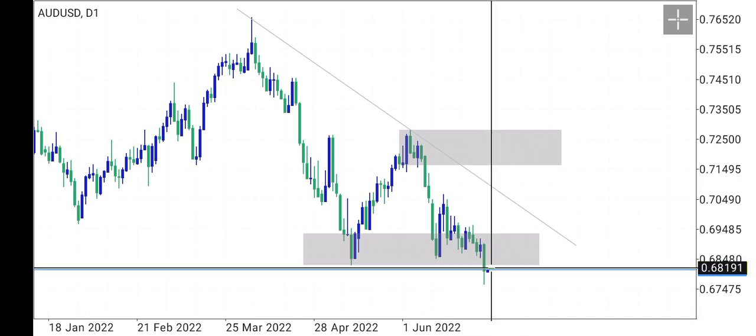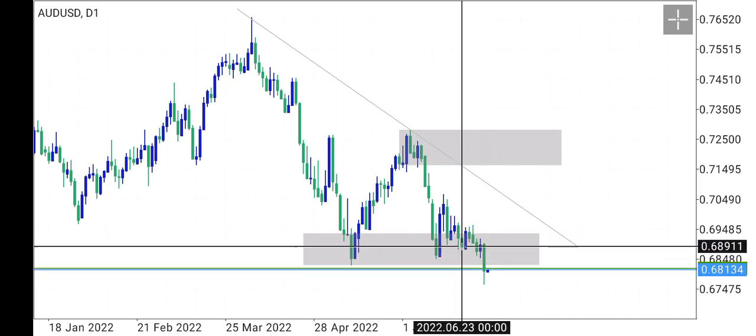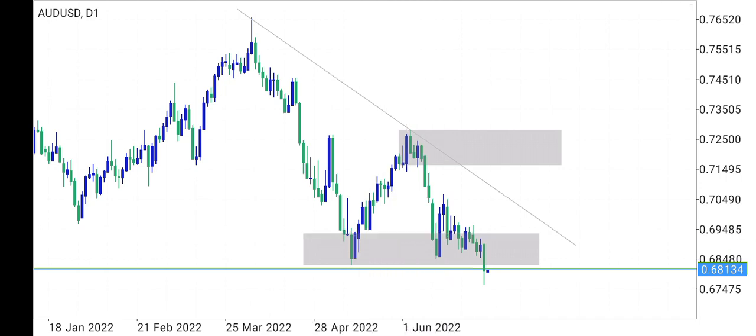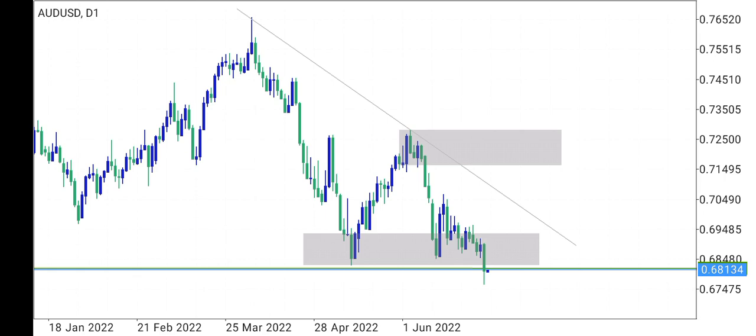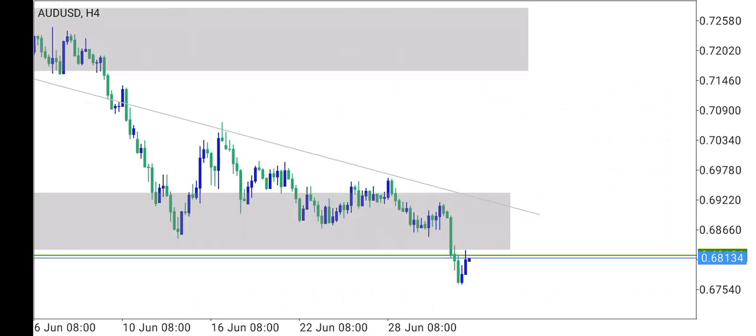So what we'll be looking for now is, maybe we can still take an entry from this, but it's not really advisable because we are not really seeing what has happened or what is happening. So we'll move down to our 4 hour.